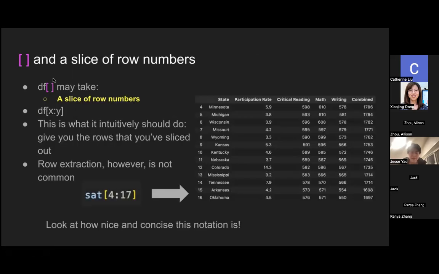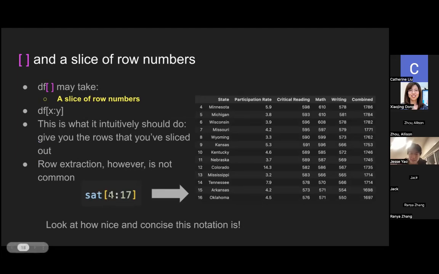We just wanted a very lazy way to extract rows. So in this example, the extraction uses a slice of row numbers. Notice I don't have to put the .loc, and I don't have to put the very lengthy, verbose line of code to do things. So if I just put a slice and only a slice, I can extract the rows.